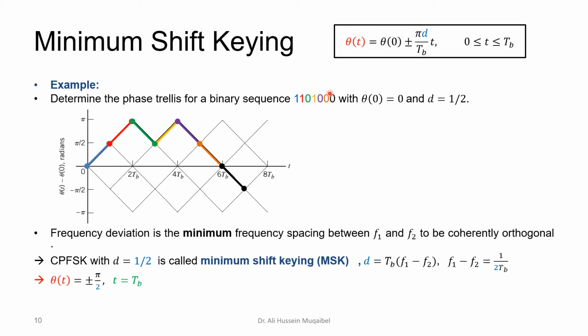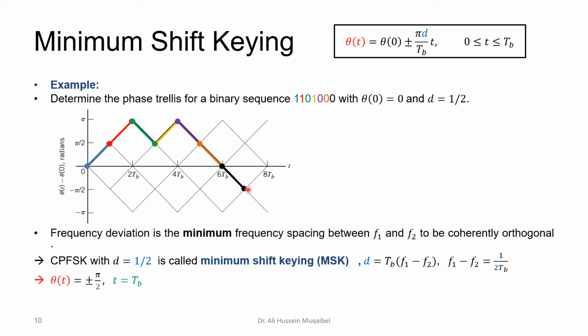So if you want to determine the trellis, remember that here theta would be plus or minus pi over 2. If you substitute 1/2, the TB cancels out, and the phase relative to the phase 0 would be going up from 0 to pi over 2 because we have 1, another pi over 2, 1, and then for this 0 you go down, 1 you go up, 0, 0, 0 you go down.